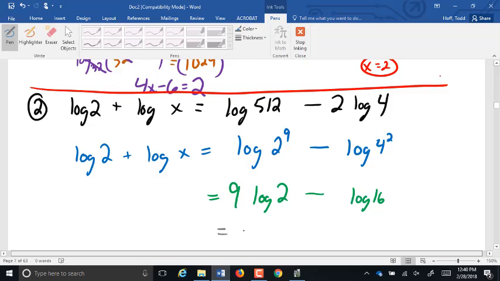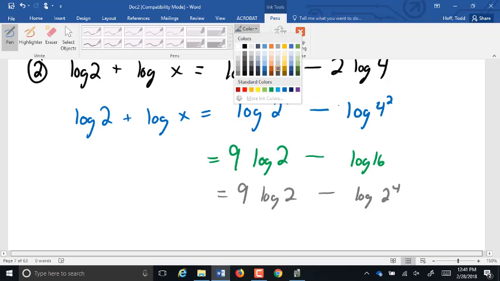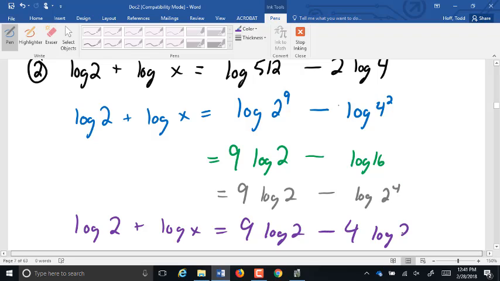And I did that because 16 is 2 to the power of 4. So this is 9 times the log of 2. This is 4 times the log of 2.